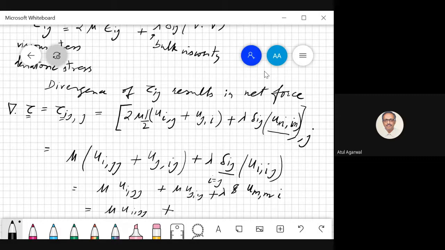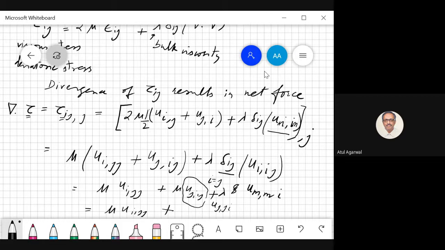So this term you can replace with uj comma ji. Equality of partial derivatives: uj comma ij has to be equal to uj comma ji, otherwise the partial derivatives are not defined.